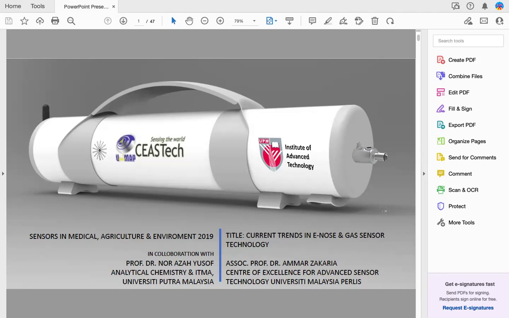During COVID-19, I think there was one airport using dogs to sniff people arriving who might have COVID-19. This is very interesting. And a lot of this ENOS is used in gas sensor technology, for example, when there is a leak of ammonia.